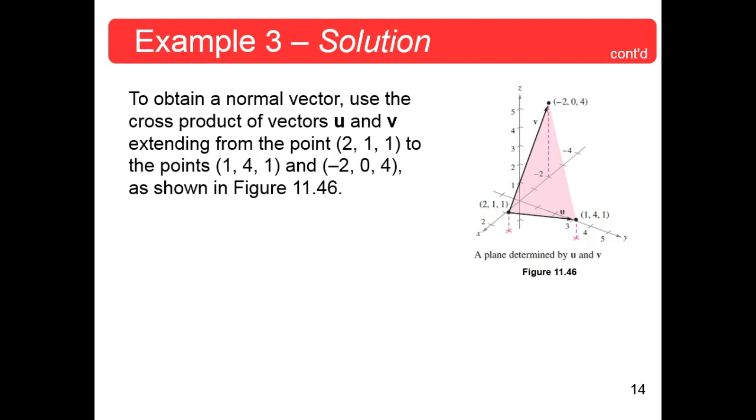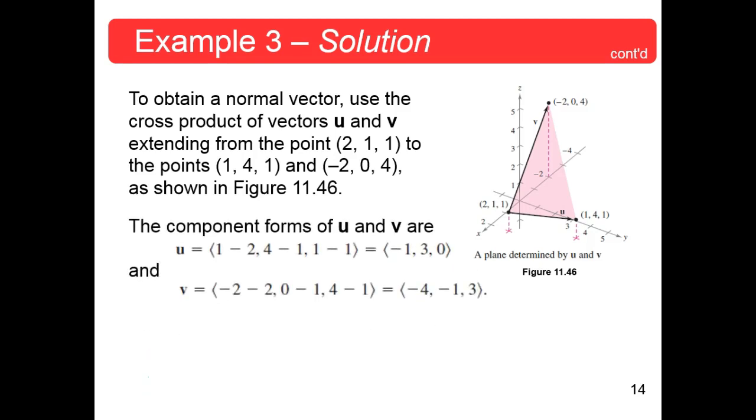So there's the U vector. The V vector is minus 2 minus 2 is minus 4, 0 minus 1 is minus 1, 4 minus 1 is 3. That gives you those two vectors, negative 1, 3, 0, and negative 4, negative 1, 3, just like I said.